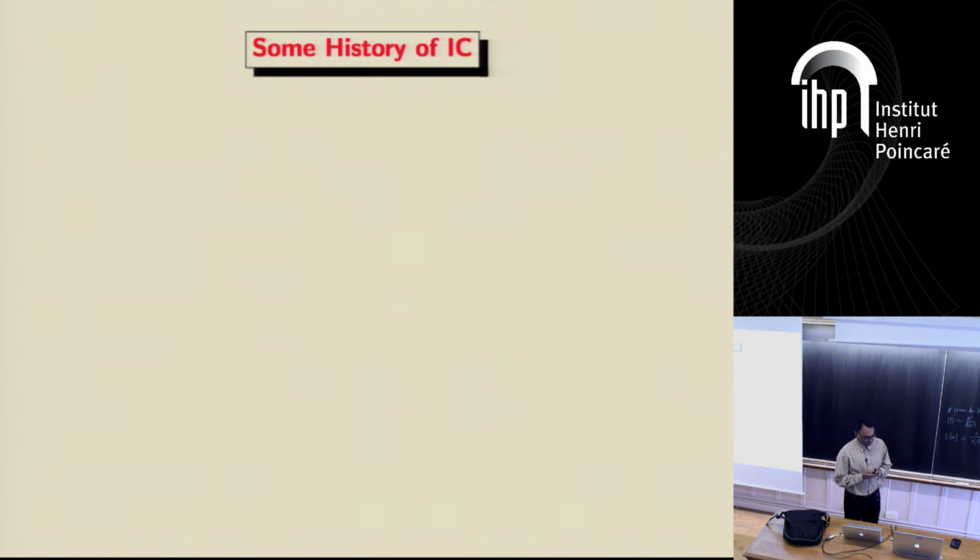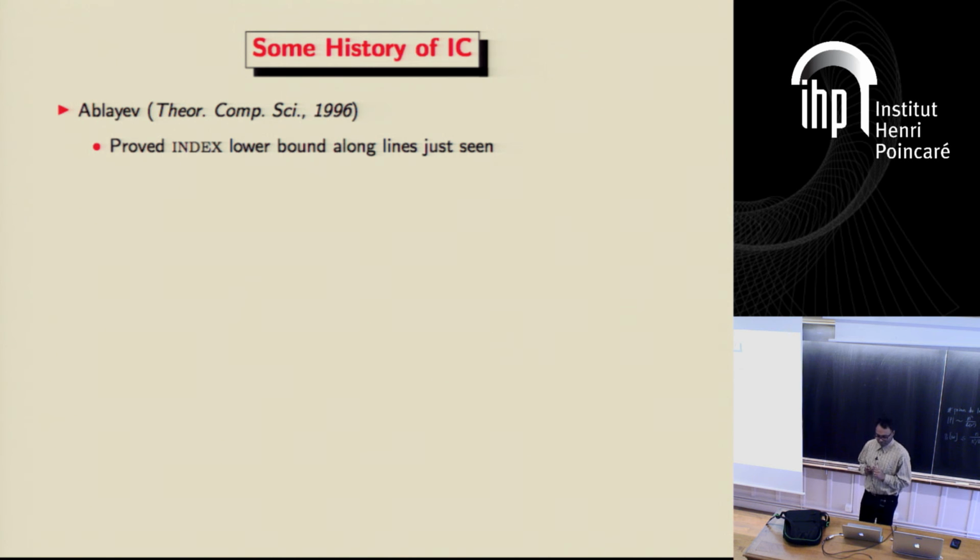So now, let me tell you something about the history of information complexity at this point. What I just showed you with the index problem from Ablayev's paper is probably the starting point of information complexity. He didn't actually use the term information complexity, but he used roughly this argument written in a different form.